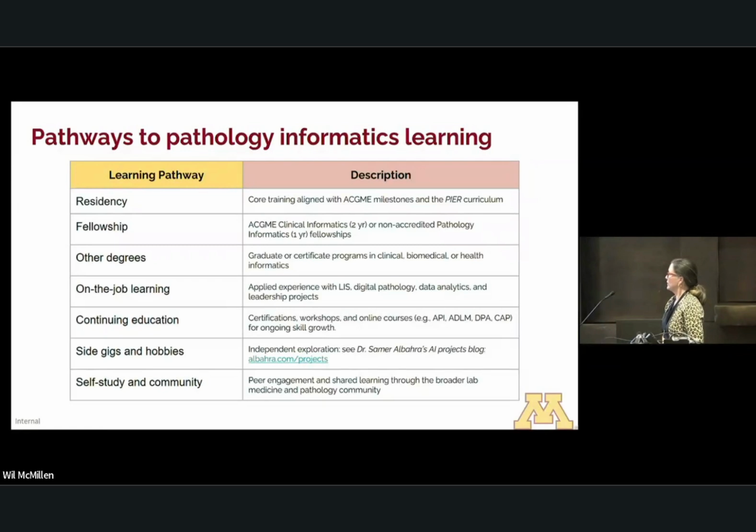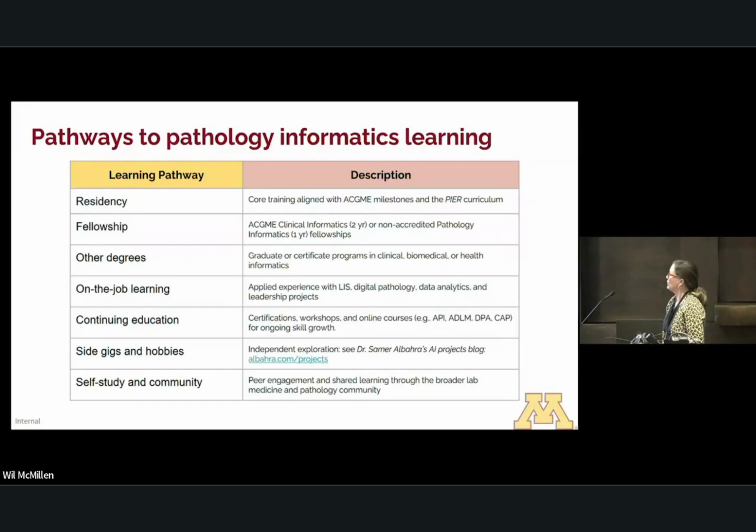Other degrees, there are master's degrees, et cetera, in data science and informatics that some choose to pursue. A lot of the informaticists I know, including pathology informaticists, have gained most of their knowledge with on-the-job learning. And so this is really, I think, the recommended pathway for starting.